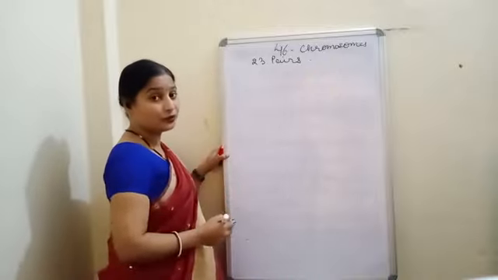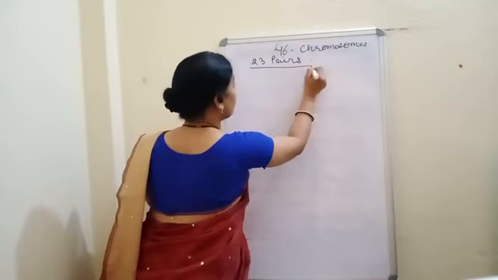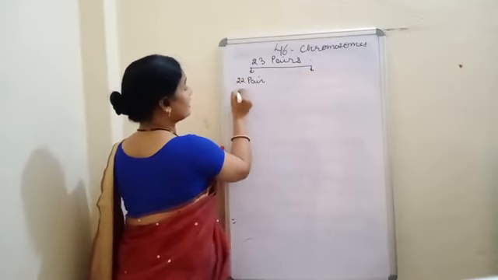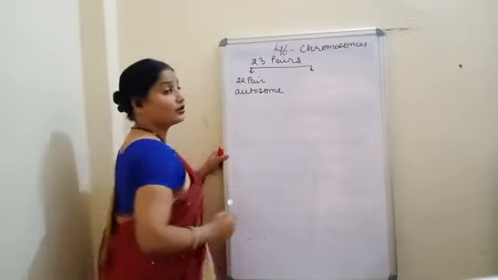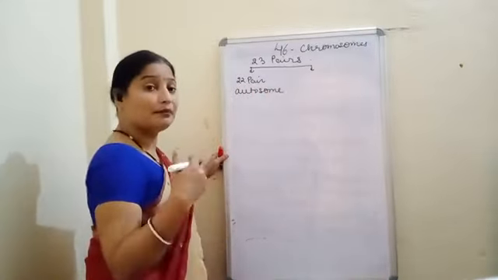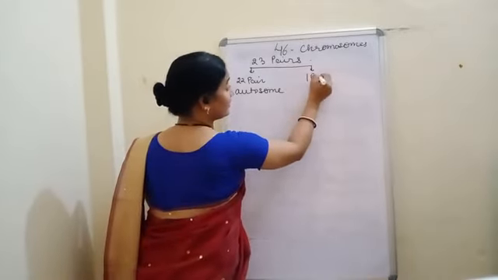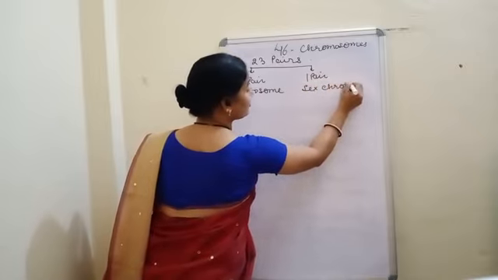I have taught you, out of these 23, 22 pairs are called autosomes because they help in building our body, and one pair is called the sex chromosome.